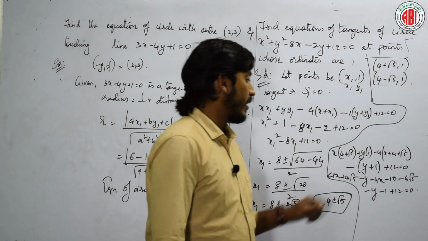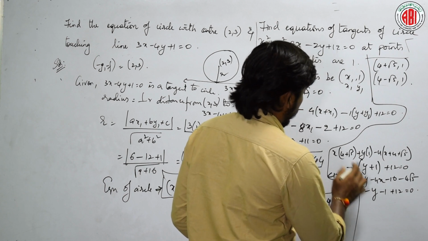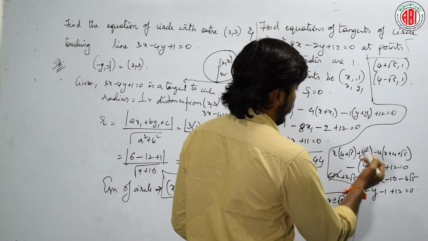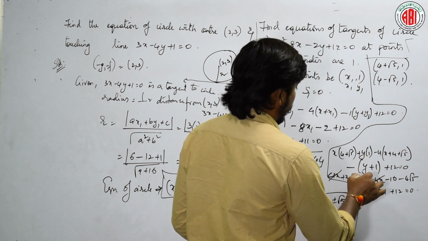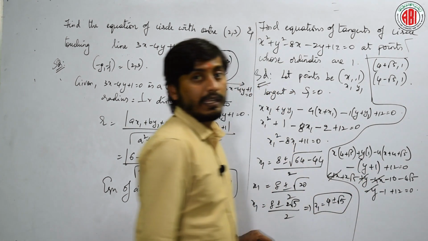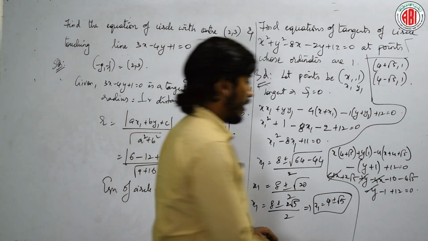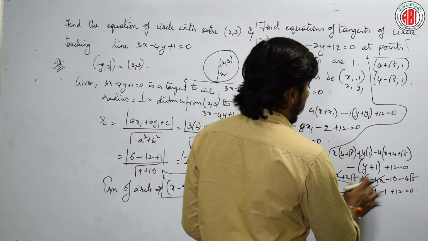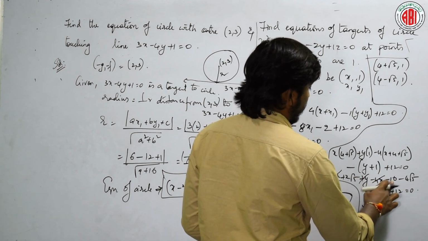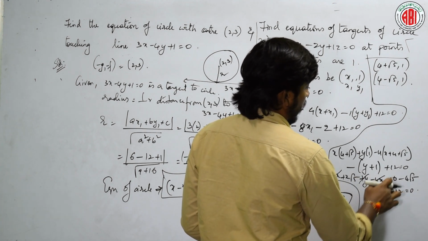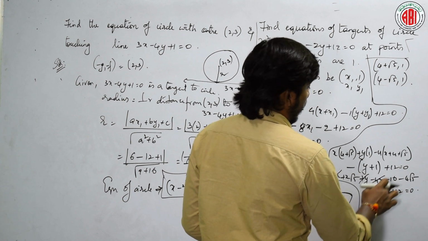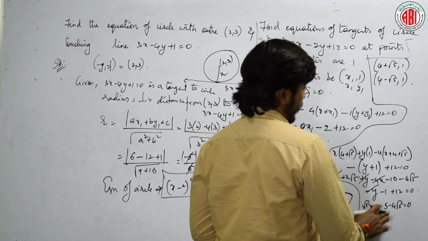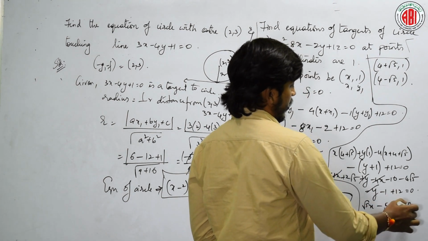So, what do we get here? 4x will get cancelled, and if you observe, y and y also will get cancelled. Clear? So, I will be left with root 5x, and the constants: 12 minus 1 is 11, 11 minus 16 is minus 5, minus 4 root 5. So, root 5x minus 5 minus 4 root 5 is my answer.